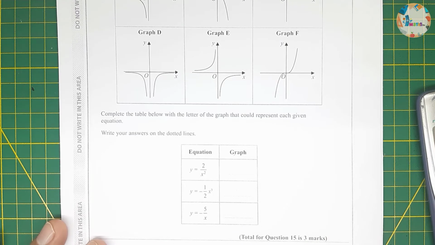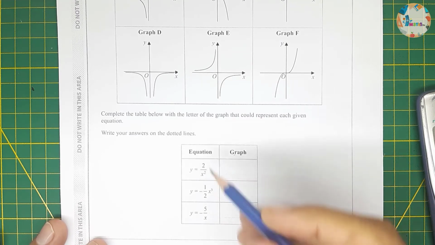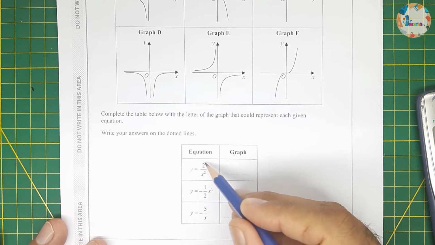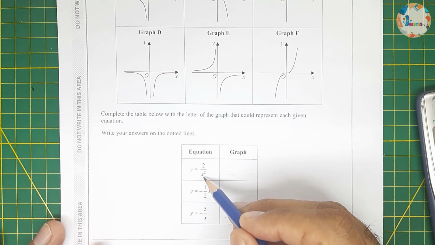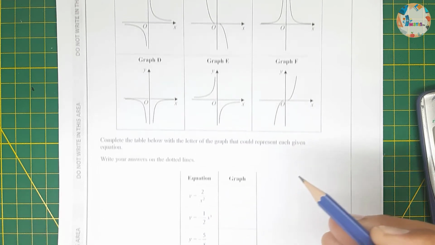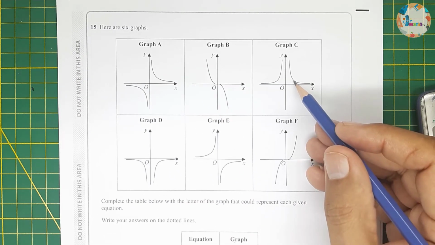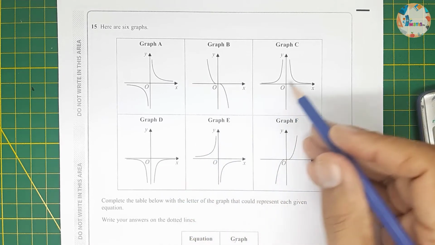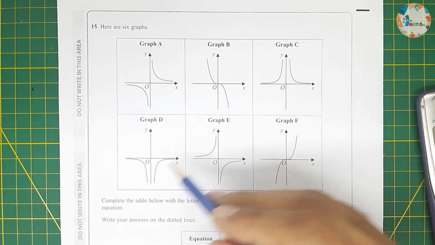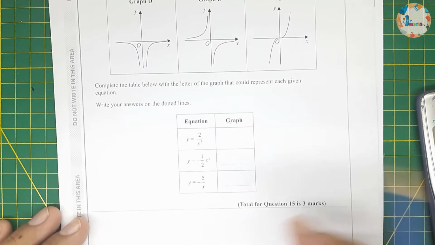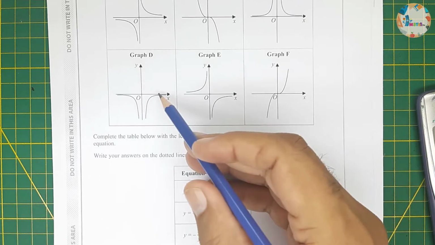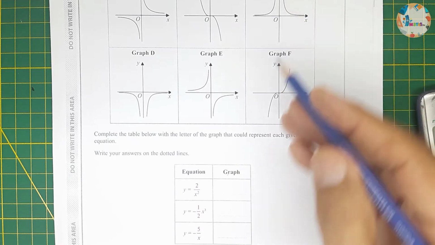If we check this first equation, which is square, but it is reciprocal, basically 1/x square. So 1/x square, we are having 2 graphs of 1/x square, these two, but this one is reflection, so minus, but we are having equation as plus, so we cannot take D, so our answer will be C for this one.